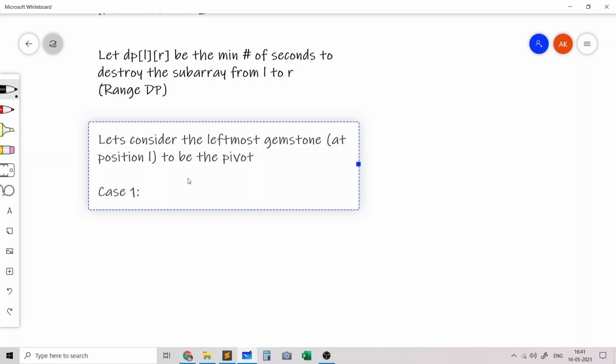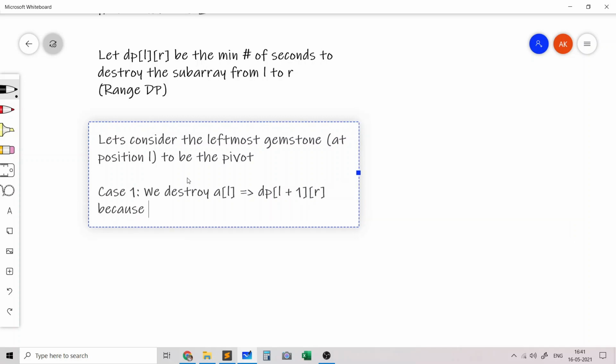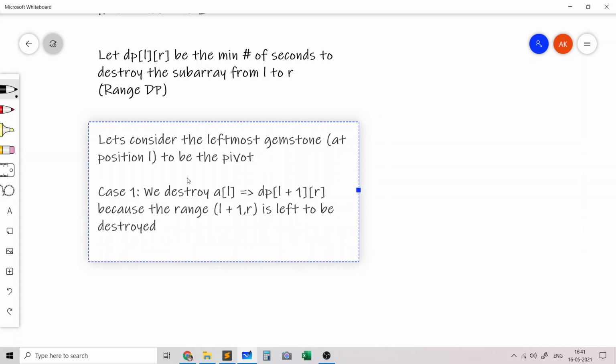So in case 1, we destroy A of L, the leftmost gemstone. We just destroy the leftmost gemstone. This means that we are left with DP of L plus 1 R because the range L plus 1 to R is left to be destroyed, and hence in the first case when we destroy only the leftmost gemstone, the value for this case would be DP of L plus 1 R.